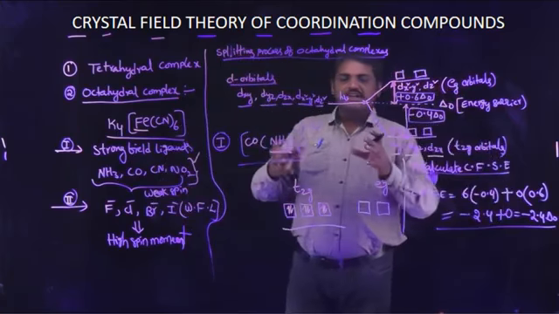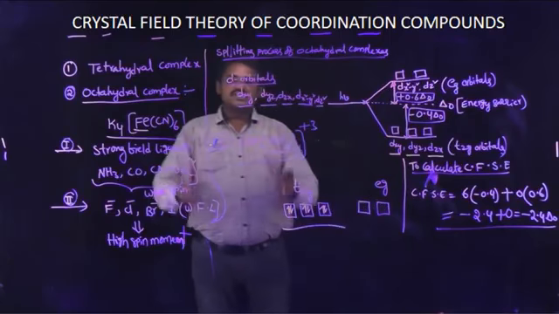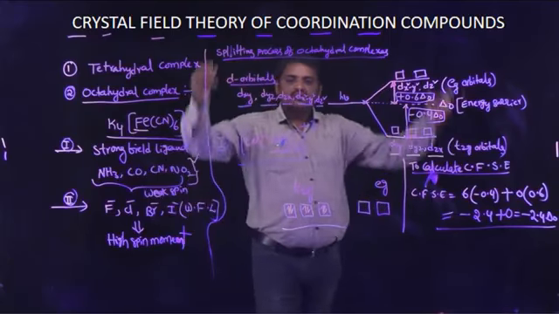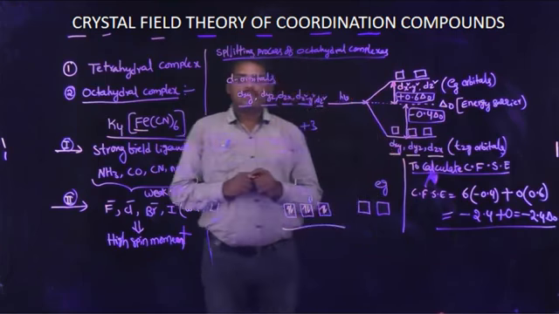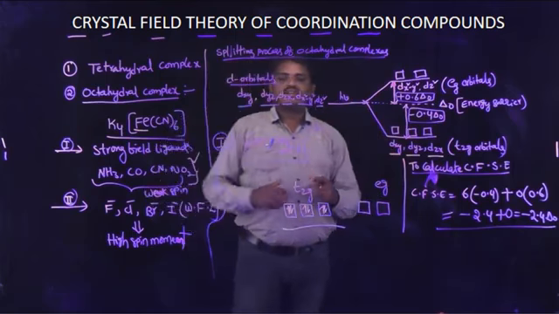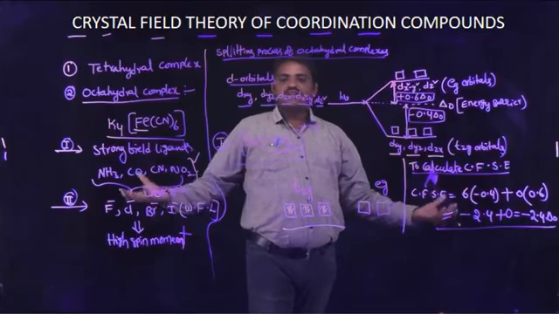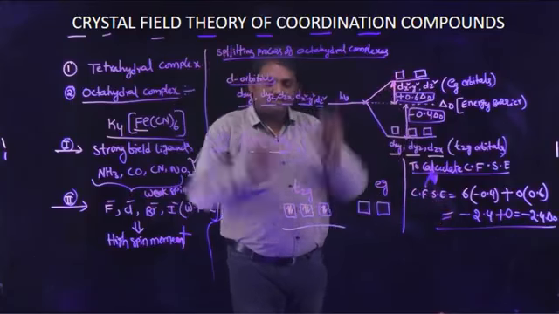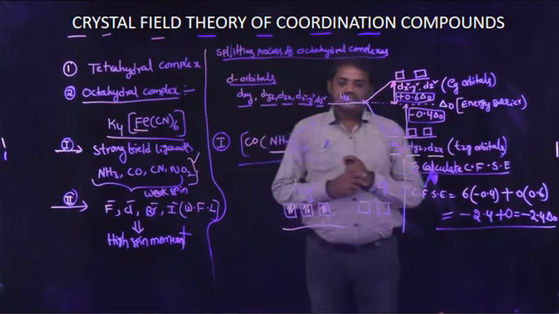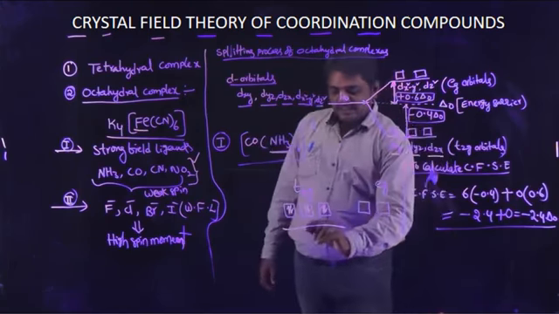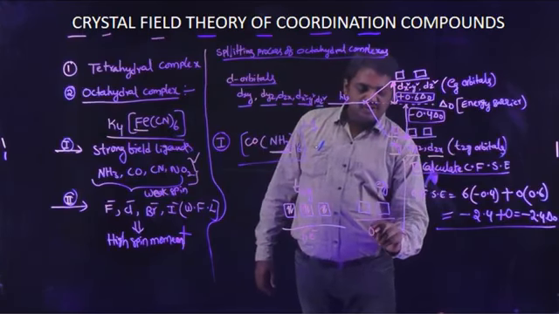This is a strong field ligand, which means low spin. The total 6 valence electrons are placed in the t2g orbitals. So t2g contains 6 electrons and eg contains 0 electrons.